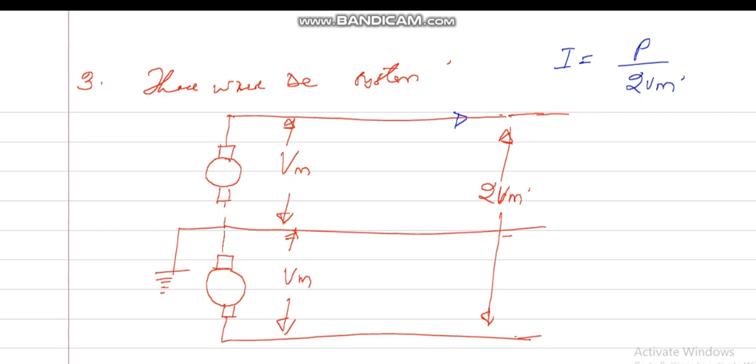Okay, kwa hiyo power loss is given by I squared R. Vile ni two outer wires, two conductors ambao wako responsible kubeba load current. This mid wire inabeba unbalanced load current.